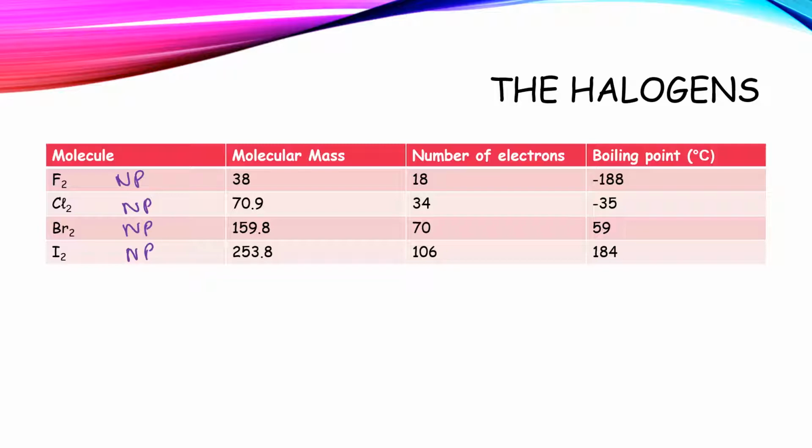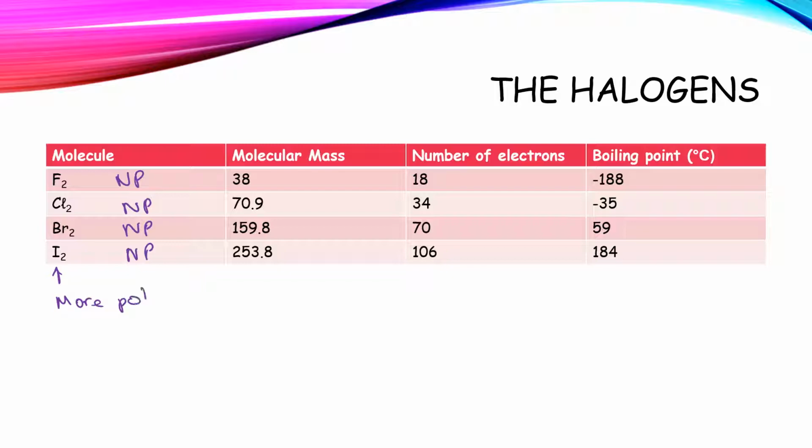The molecular mass, you can see, is going up. As your molecular mass increases, so does the number of electrons. And these electrons are getting further and further from the nucleus. Because they're getting further from the nucleus, these molecules down the bottom here are more polarizable.